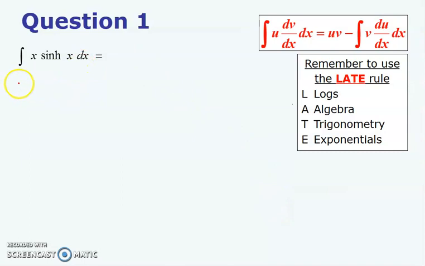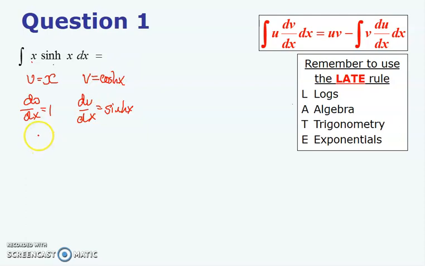So a few of these to do then. Exactly the same here. Now it's x shine. I think the last one was x cosh. So u equals x, du by dx equals 1, v, dv by dx. This is obviously shine, and therefore this is cosh.